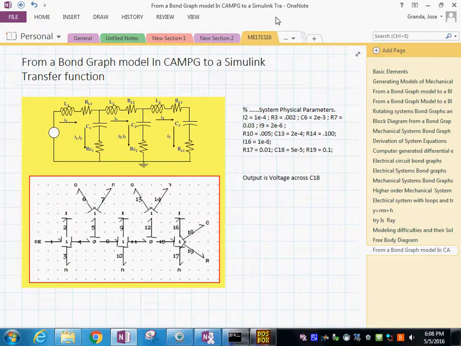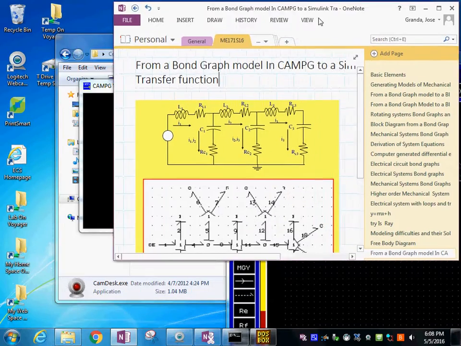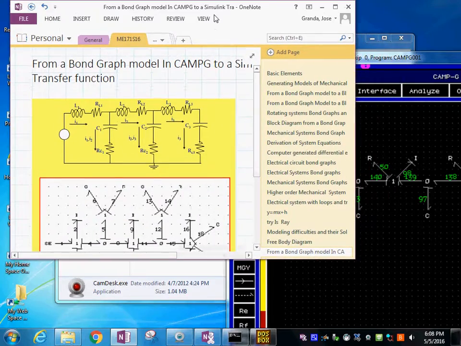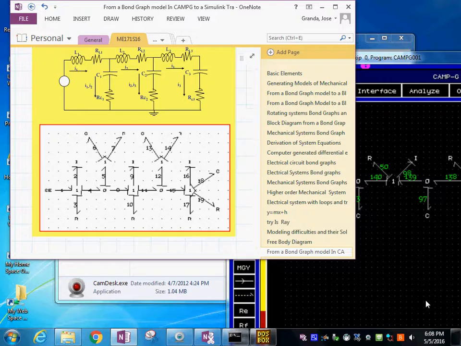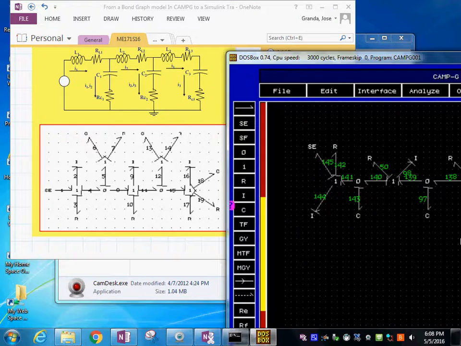There we go, and perhaps reduce this so that we can see this, and now we can see this one too.